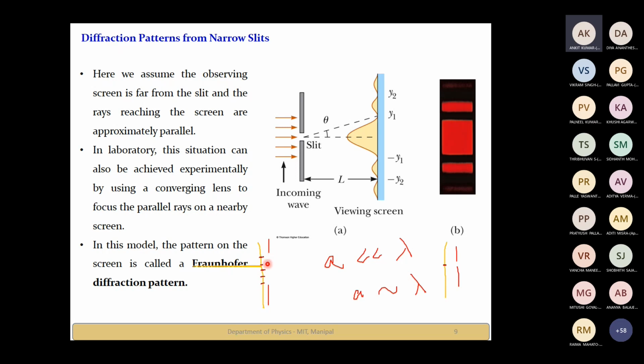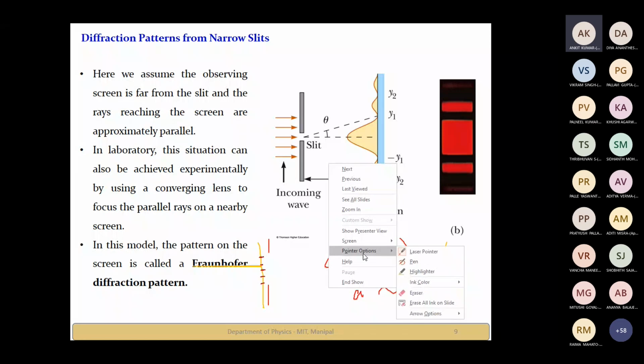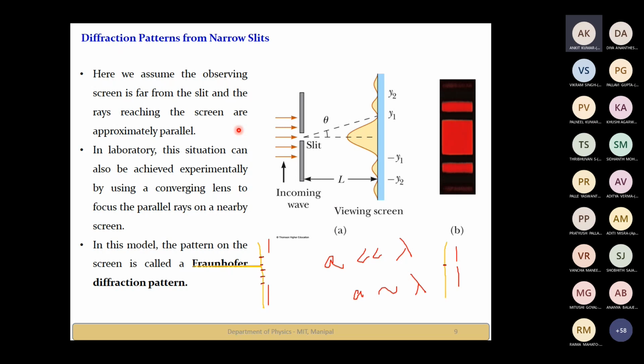So now you get a diffraction pattern due to the superposition of waves arriving from the same portion of the wavefront. That's what I was talking about. In case of interference, it is from one slit, so you can see that only one point source may be there.